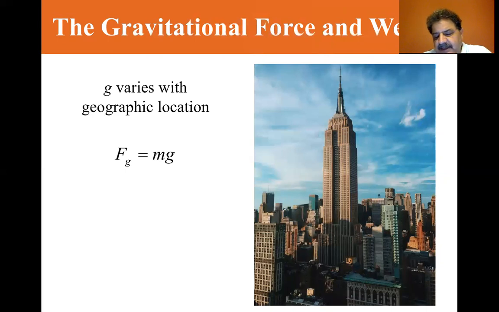Mass is an inherent property of all objects, and the weight is that mass times the gravitational acceleration of the location. So a 1 kilogram mass here on Earth is the same mass on the moon, but it's going to weigh less because the gravitational acceleration is 1/6 the gravitational acceleration here on the Earth.